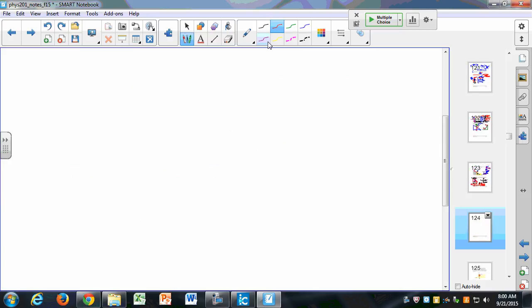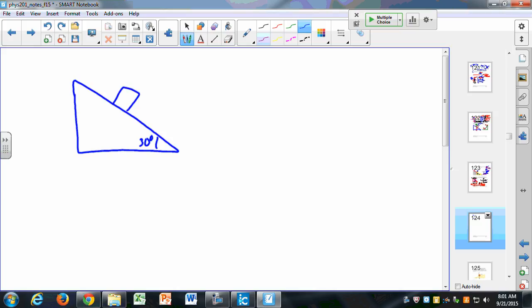Let's see. Let's work a different problem. How do we want to do it? Yeah, let's say that we have an inclined plane. We'll do 30 degrees again. Let's say that I have a block here, and that the mass of the block is 10 kilograms. And I have a force acting on the block, like this.